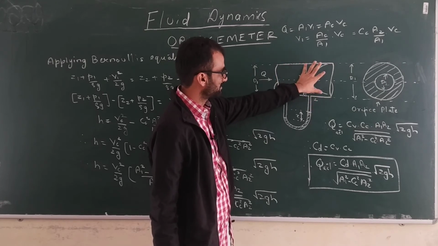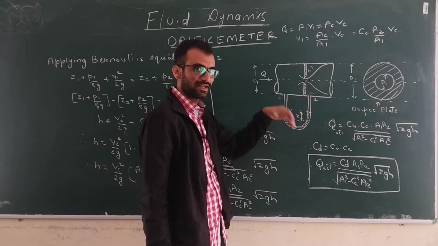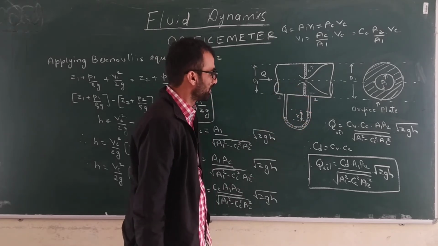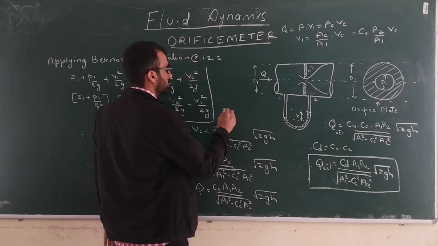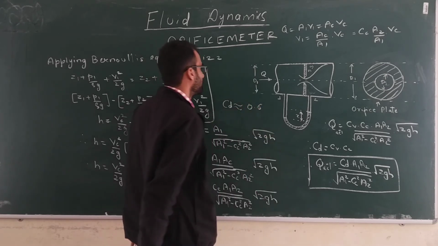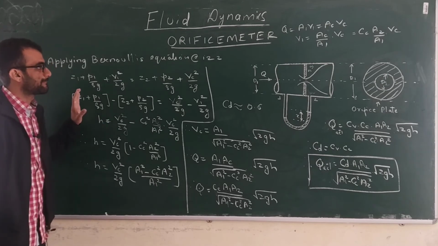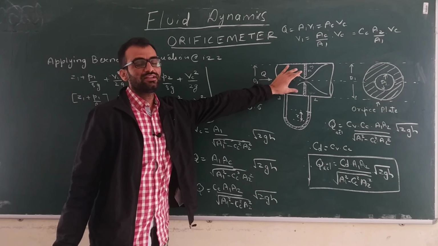There is sudden contraction, sudden expansion. These losses are extra compared to the Venturi meter, which are not present in the Venturi meter. So coefficient of discharge is very less, almost 0.6. CD is in the range of 0.6 for orifice meter.